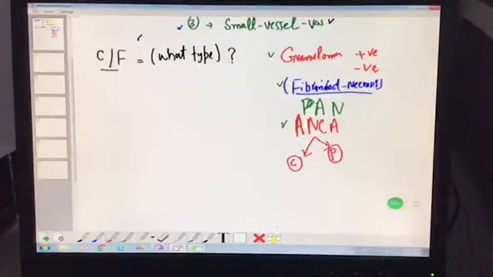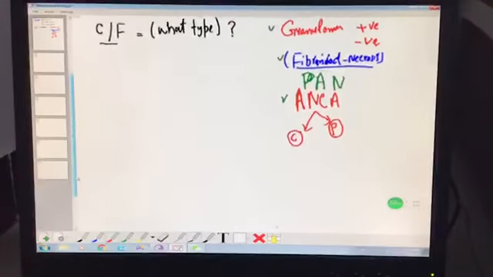What is ANCA? The anti-neutrophil cytoplasmic antibody. It's the antibody against neutrophil substances, some proteins present inside the cytosol and around the nucleus. Some categories of vasculitis are ANCA positive, and in other categories the ANCA may be negative.